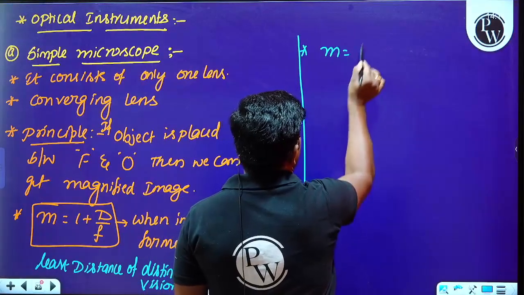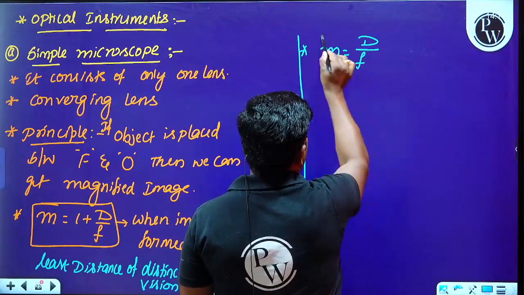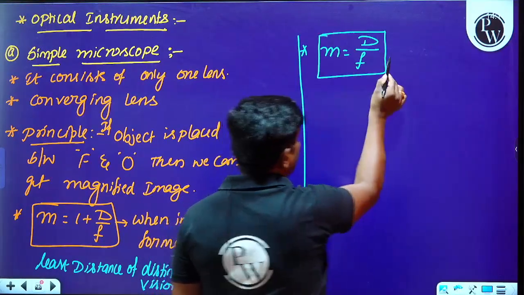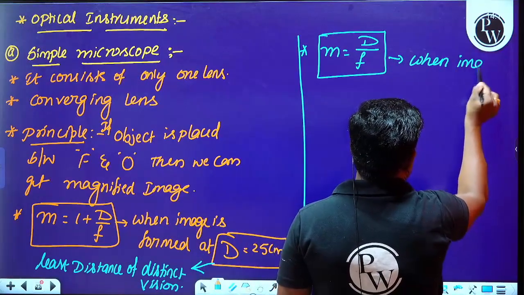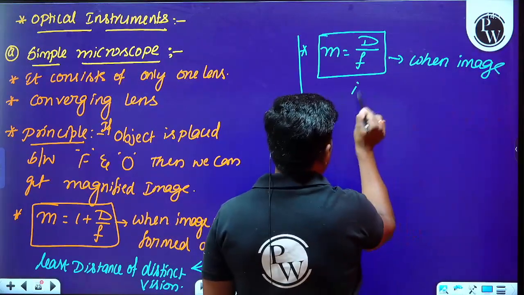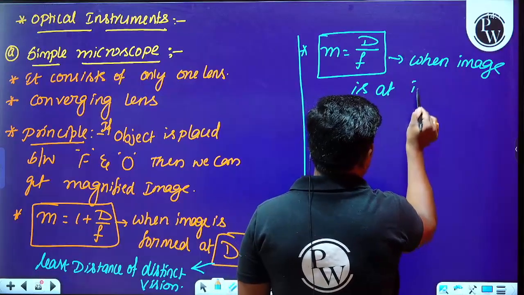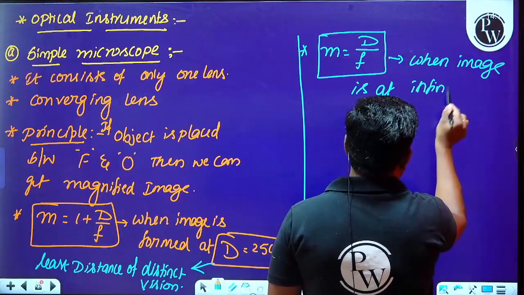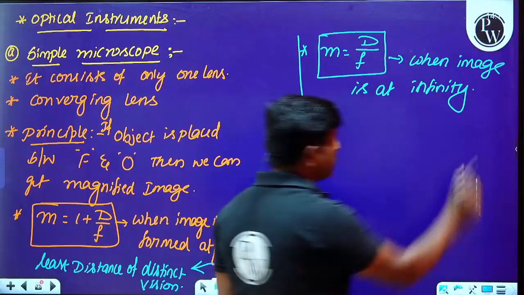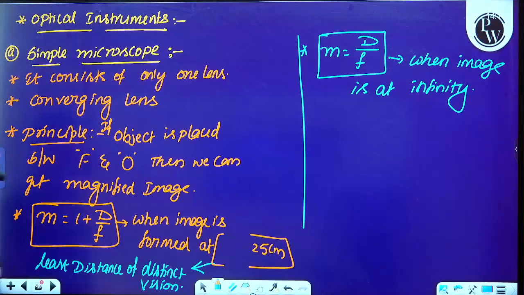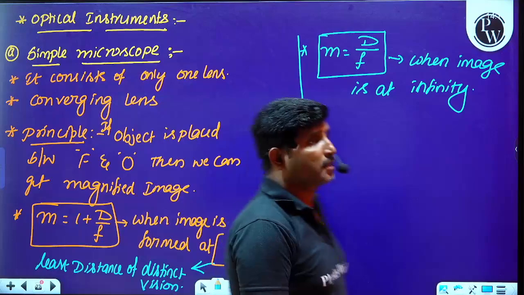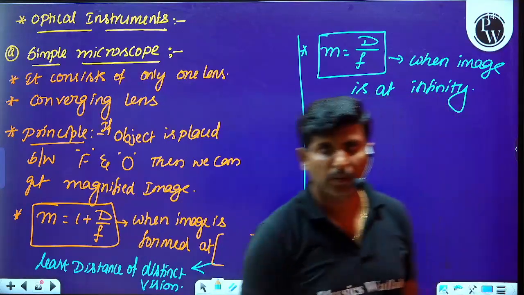And M is equal to capital D divided by f, when the image is formed at infinity. That is the magnification formula in case of a simple microscope.